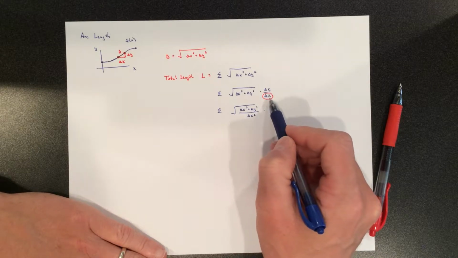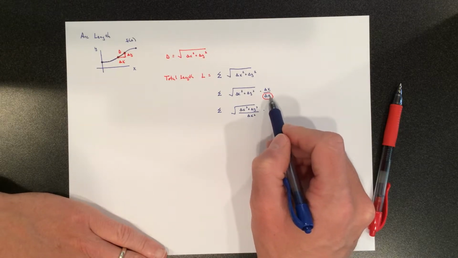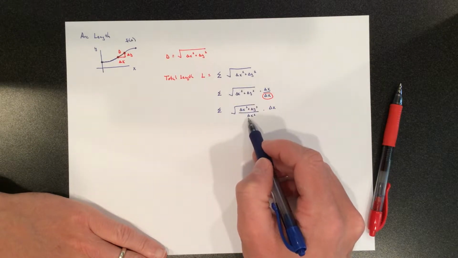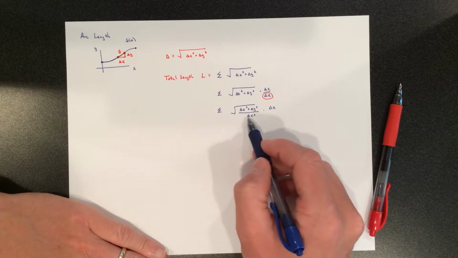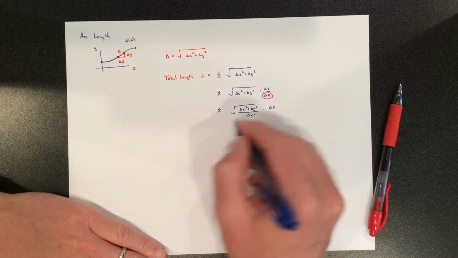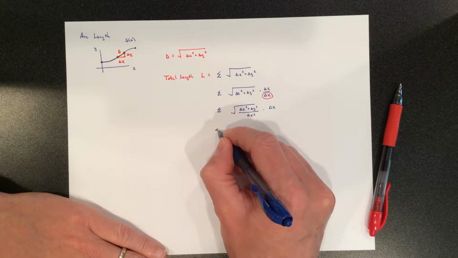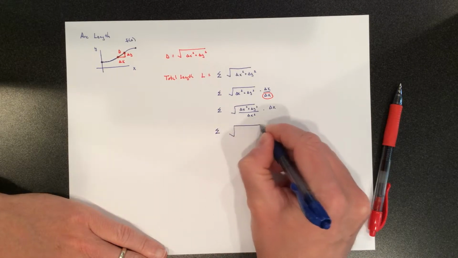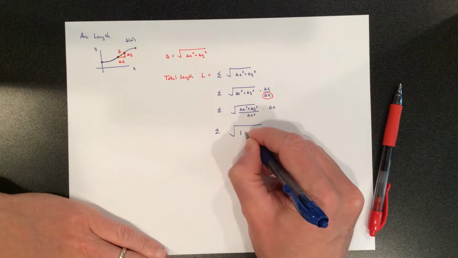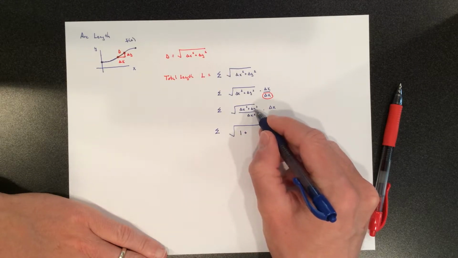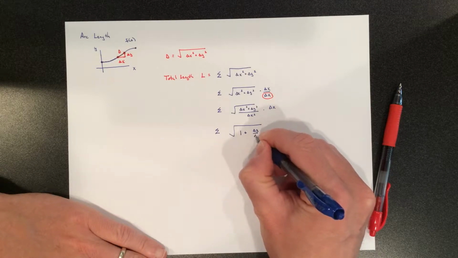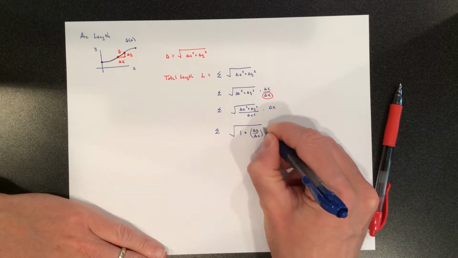Again, you took this delta x in the denominator and moved it inside the radical. So inside it's got to be delta x squared, because the square root of delta x squared would give you back just a delta x outside. Then I'm going to write this as two separate fractions. This is delta x squared over delta x squared, which is just 1. Then this is delta y squared over delta x squared, which is delta y over delta x squared.